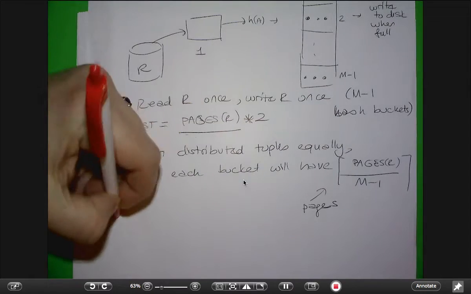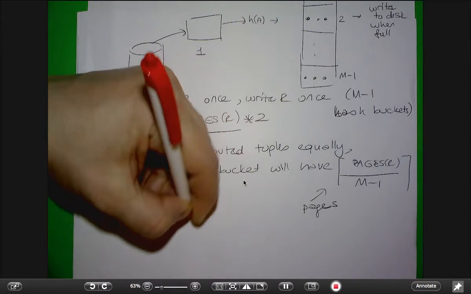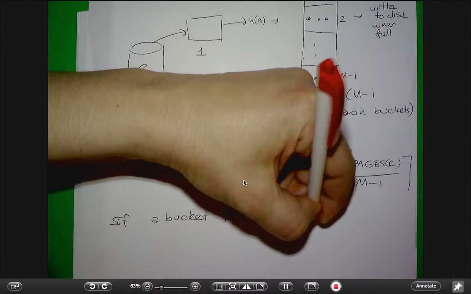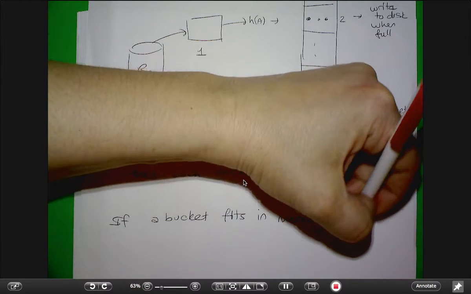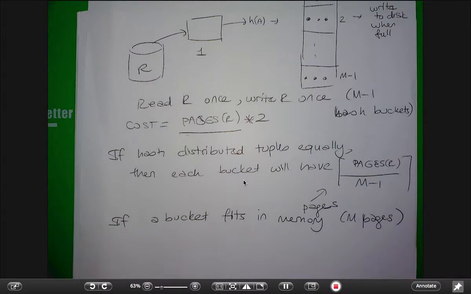So if a bucket fits in memory, meaning m pages, then I can do many things now for each bucket separately.